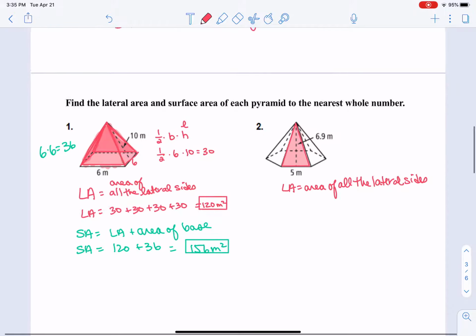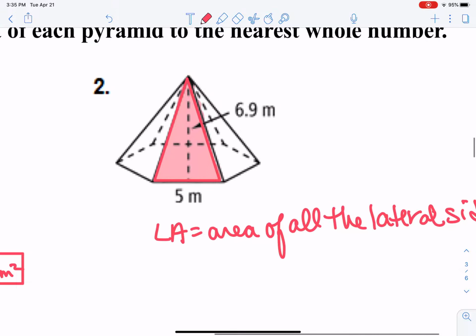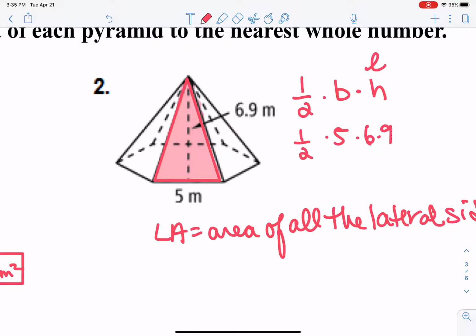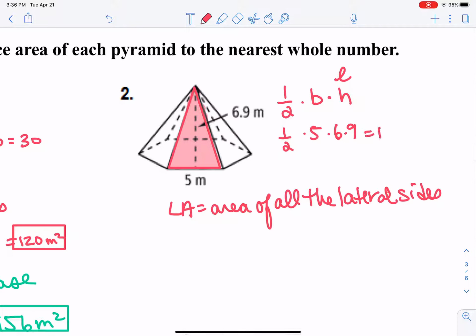This is a regular hexagon. So that would be 1/2 times base times height for those sides of the pyramid, the triangle. The height, again, is our slanted height. So 1/2 times 5 times 6.9. I'll do that one in my calculator. And I got 17.25.